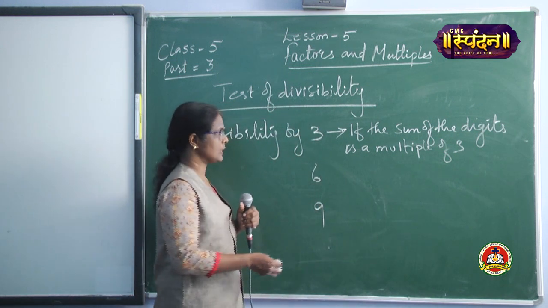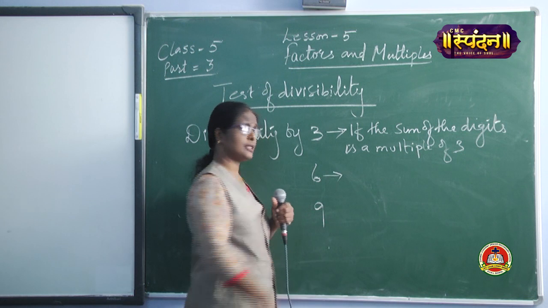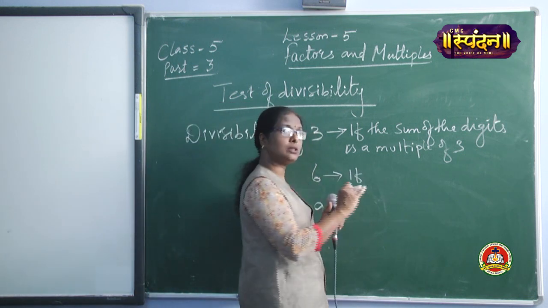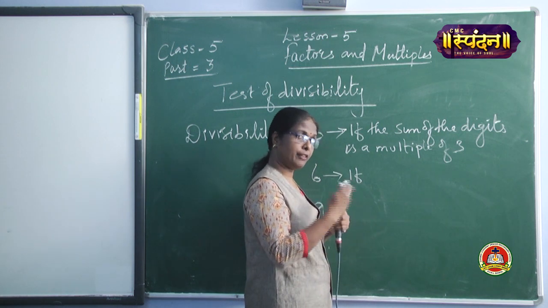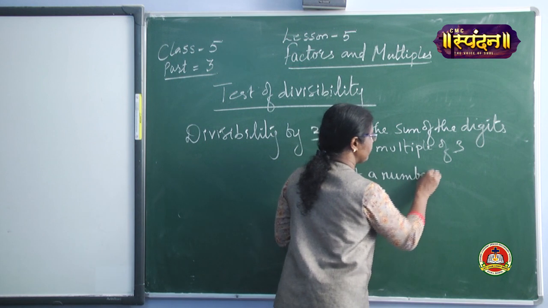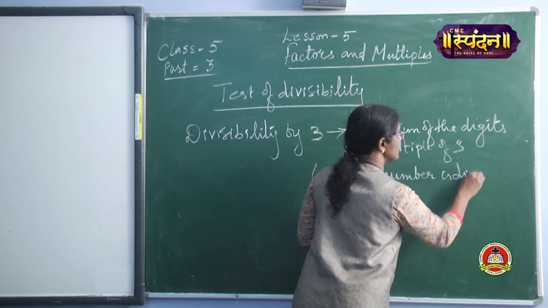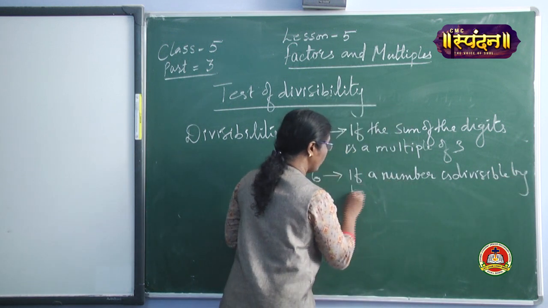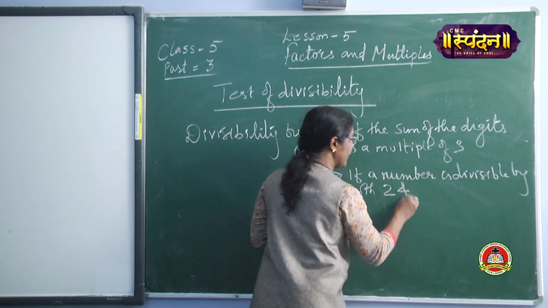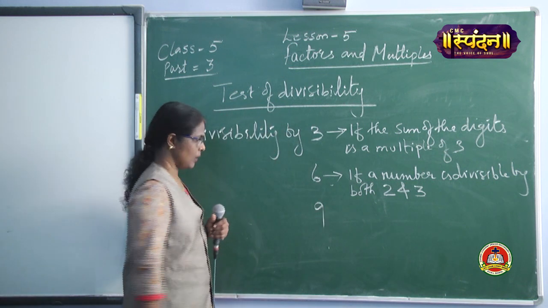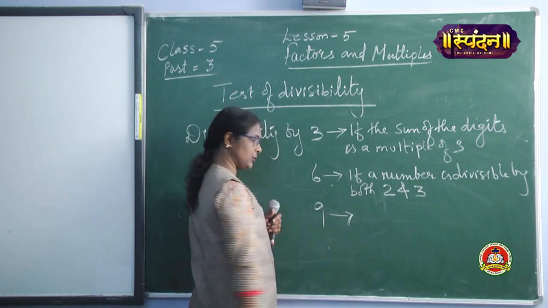What about 6? A number is divisible by 6 if it is divisible by both 2 and 3. If a number is divisible by both 2 and 3, then the number is divisible by 6. Now, what is the divisibility rule by 9?